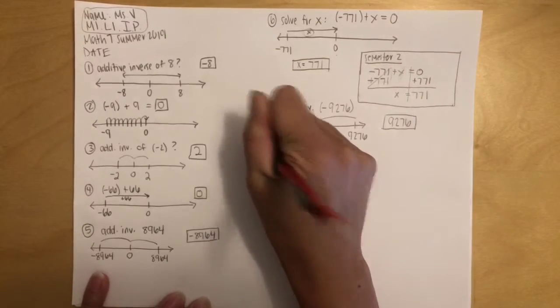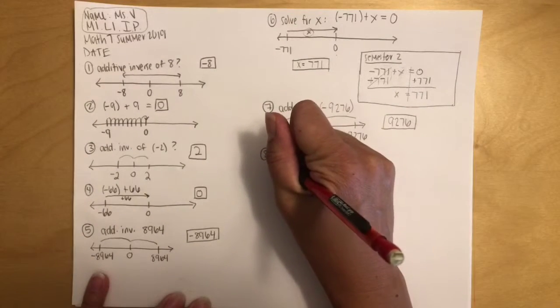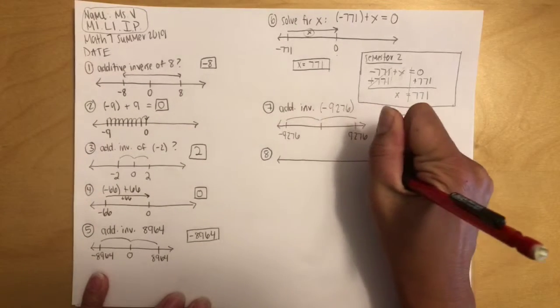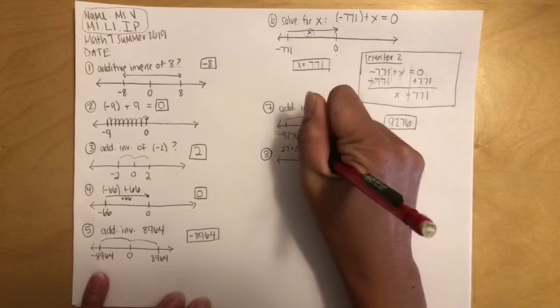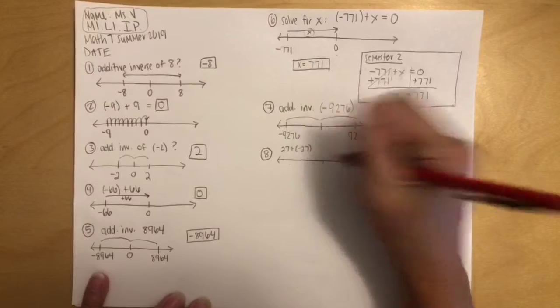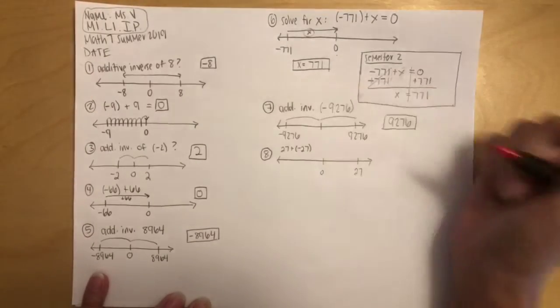Number 8. Evaluate 27 plus negative 27. So for this, we're going to start at positive 27. See how that's where we start?